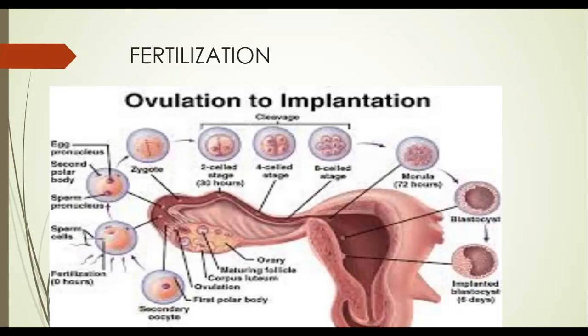Okay, so what are the things that help the penetration? That is the stratum compactum of the decidua and the maternal arteries.